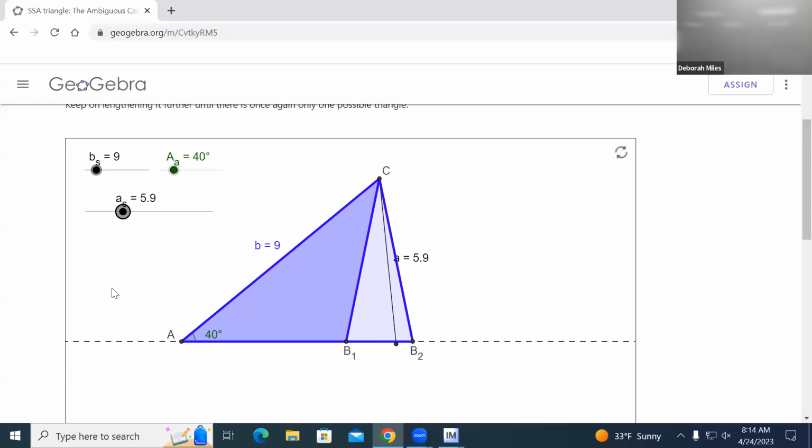It'd be two solutions. So when you have the ambiguous case of the law of sines, the three things that can happen depending on this side A are no solution, exactly one solution, or possibly two solutions. And we'll have to figure out in each problem which one of those three scenarios we're facing.